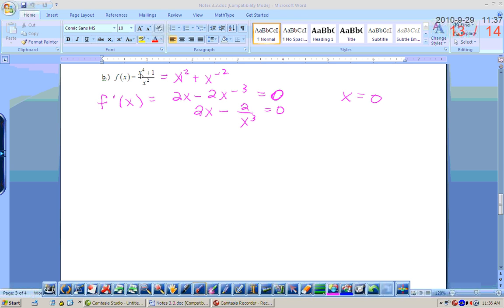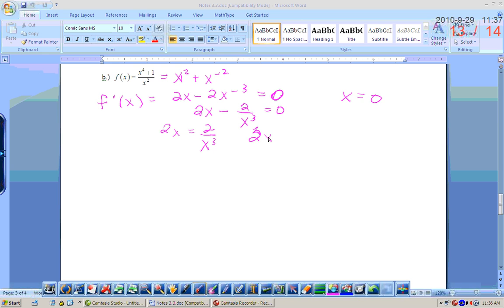Instead of using the quotient rule, I rewrote the original function as x to the 4th over x squared, which is x squared, and then plus 1 over x squared, which is x to the negative 2, and then I took the derivative. Okay, so 2x equals 2 over x cubed.